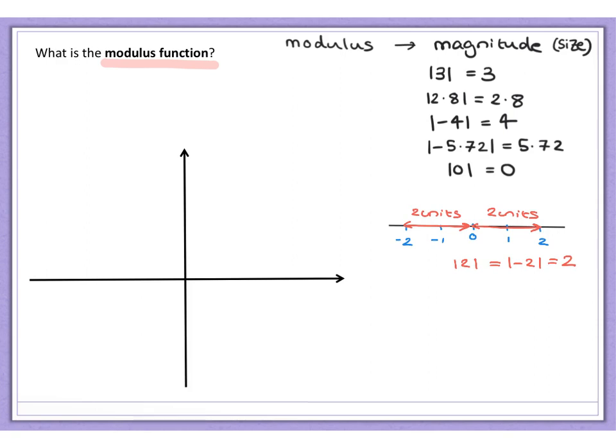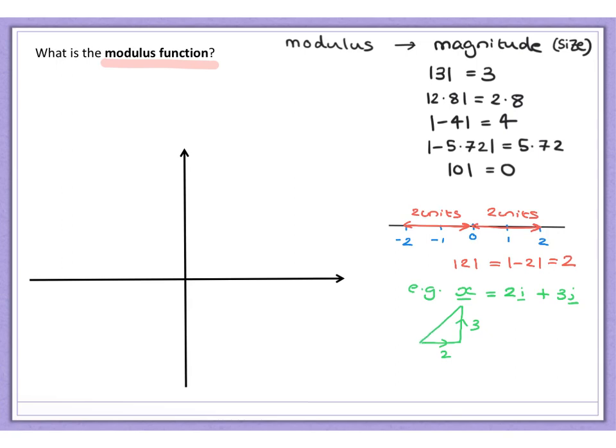Think about other contexts that you have seen before. For example, you've talked about the magnitude of vectors. Let's imagine we have a vector x, which we will say is 2i plus 3j. That means it's 2 units along to the right and 3 units upwards in a traditional i and j vector system.